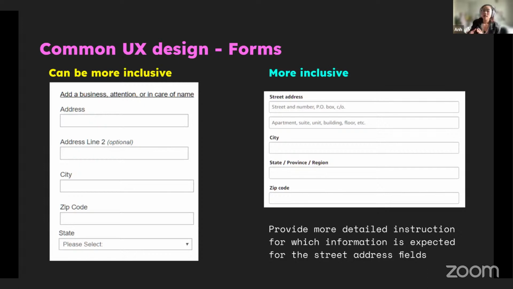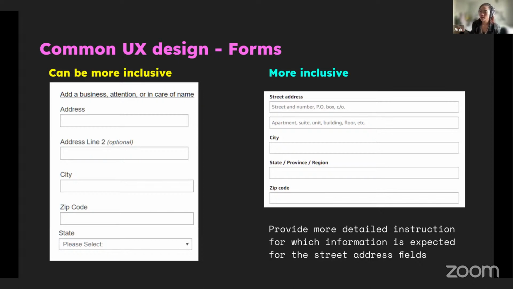So again, another good example that I found about this is that for street address, you can put more labeled instruction on how you would like the user to fill it in. For example, for address line 1, you can say street and number, PO box, etc. And for address line 2, you ask them to fill in their apartment number, the suite, the unit, the building, the floor.